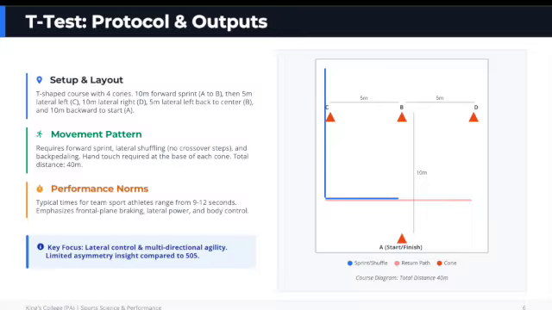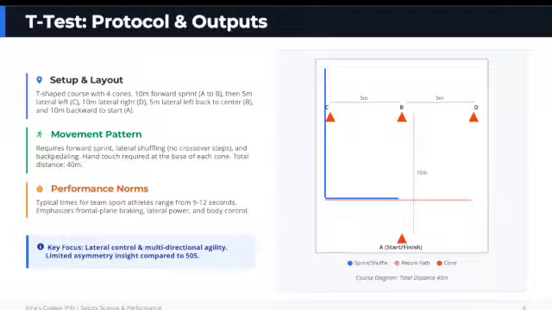The T-test protocols and outputs. Setup and layout is a T-shaped course with 4 cones: a 10 meter forward sprint A to B, then 5 meters lateral left to C, 10 meters lateral right to D, 5 meters lateral left back to the center, and 10 meters backward to start.